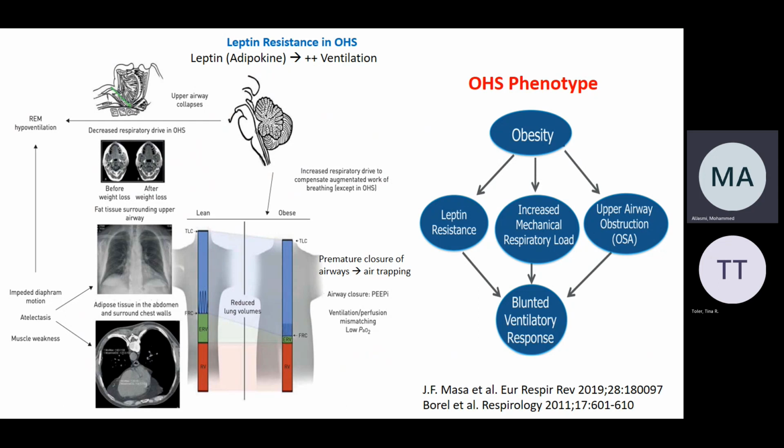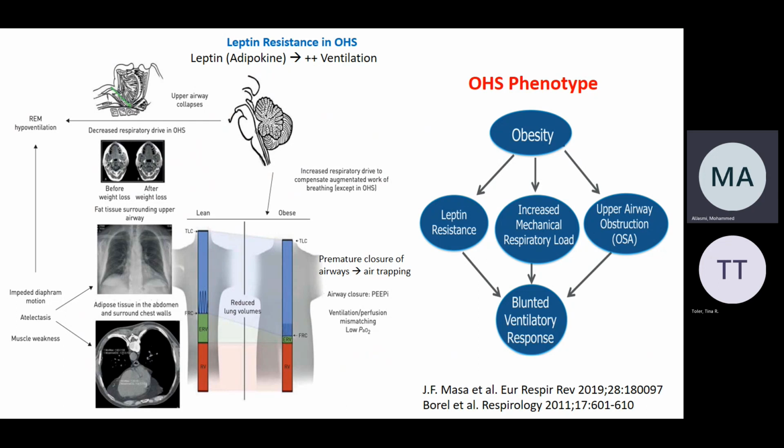Because of the less compliant chest wall, the small airways will tend to collapse earlier. That will result in some form of air trapping, and that will increase the intrinsic PEEP, and that can also increase your dead space and worsen your ventilation.